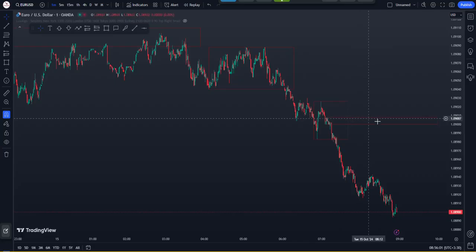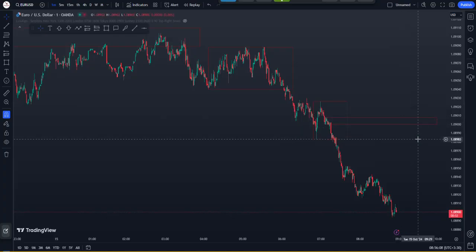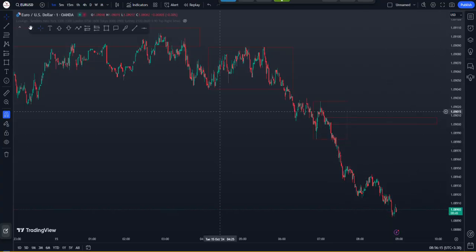Actually maybe in this level, maybe higher than here, and if price reaches that and comes back down, I can find some short structure here and go short.